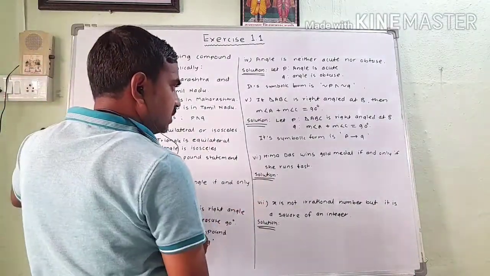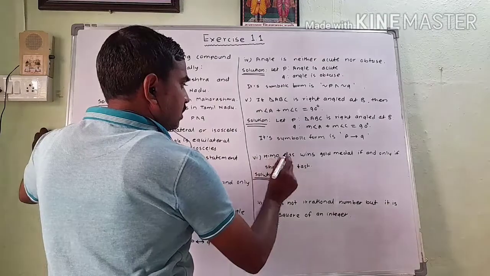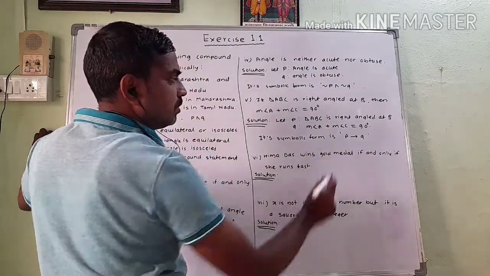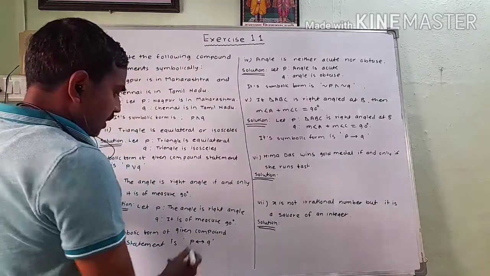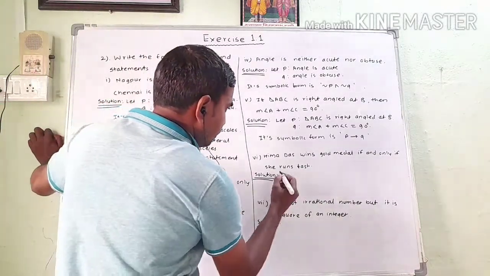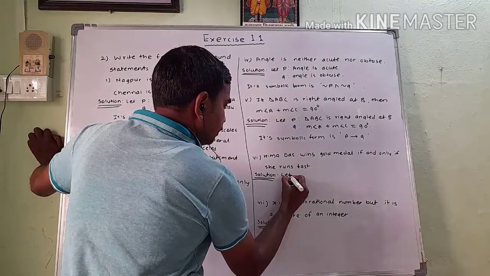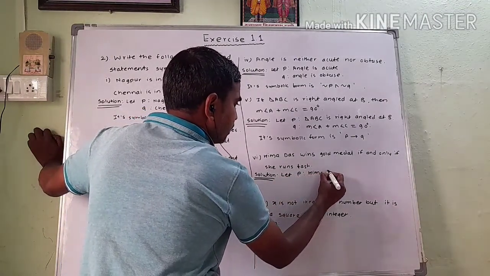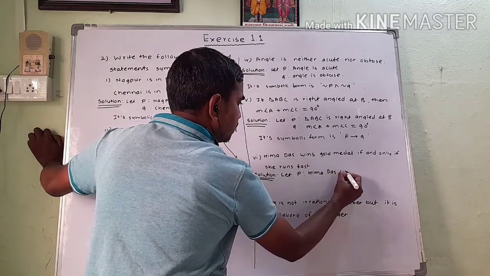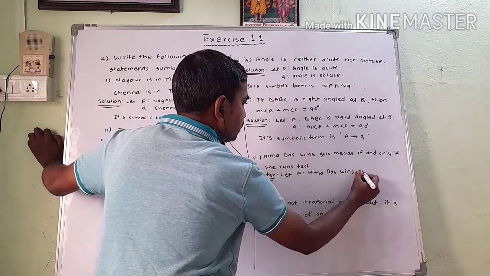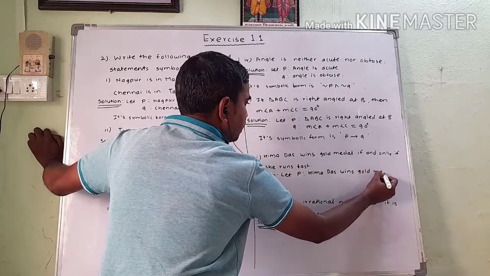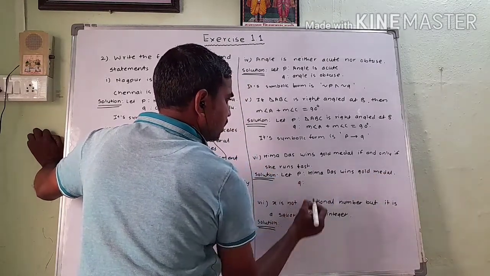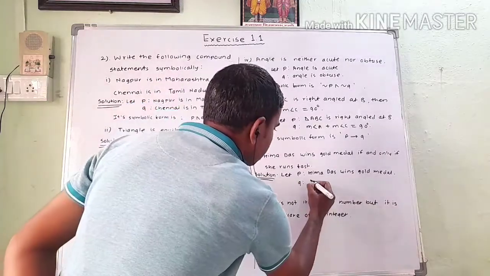Now the sixth example solution. Hima Das wins gold medal if and only if she runs fast. Here we have to use biconditional, or double implication. First of all, let P stand for Hima Das wins gold medal, and Q stands for she runs fast.